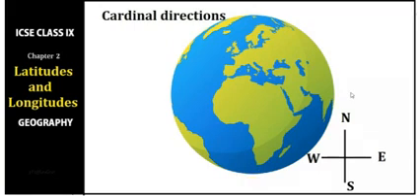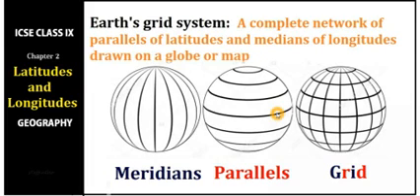Apart from north, south, east, and west, we also have some intermediate directions, that is, northeast, southeast, northwest, and southwest.